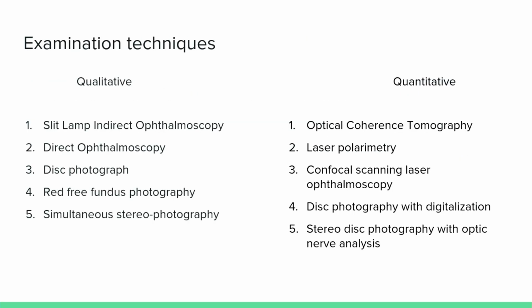Now the examination techniques involve qualitative and quantitative methods. Qualitative involve slit lamp, indirect ophthalmoscopy, direct ophthalmoscopy, disc photograph, red-free fundus photograph, simultaneous stereo disc photography. Quantitative involve optical coherence tomography, laser polarimetry, confocal scanning laser ophthalmoscopy, disc photography with digitalization, stereo disc photography with optic nerve analysis.